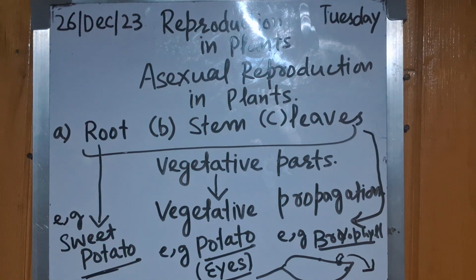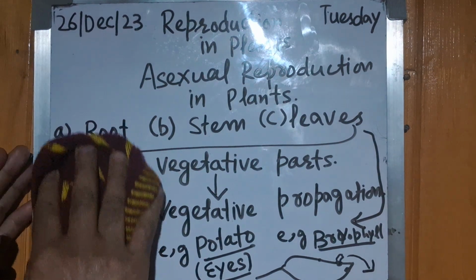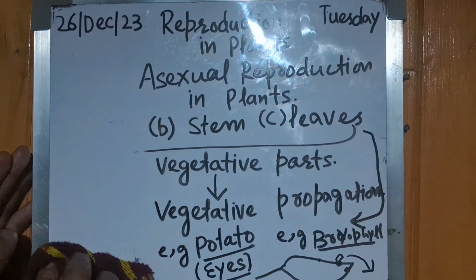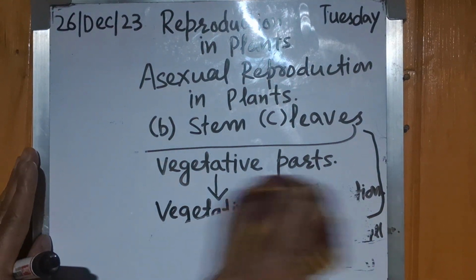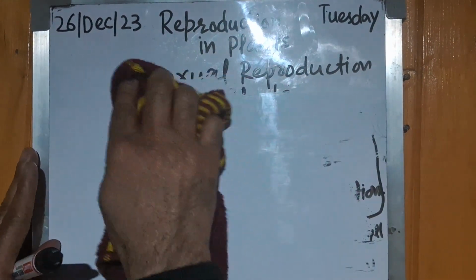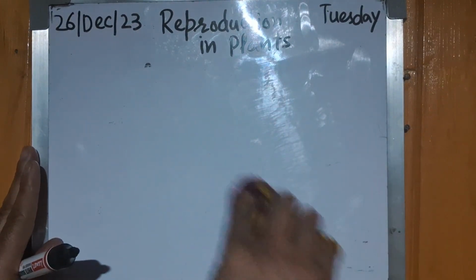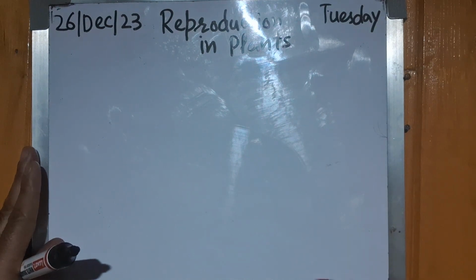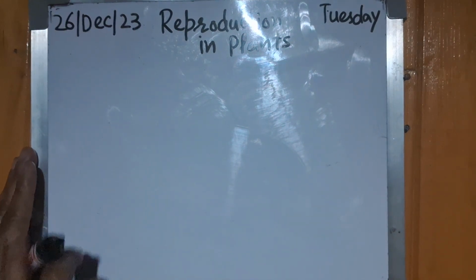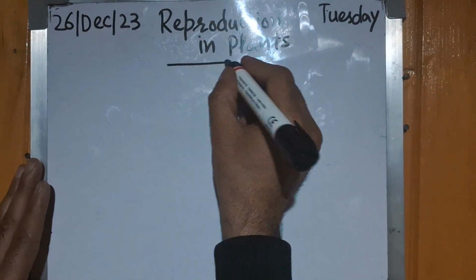This was vegetative propagation. Now keeping in view the advantages of asexual reproduction, man has used asexual reproduction for propagation.